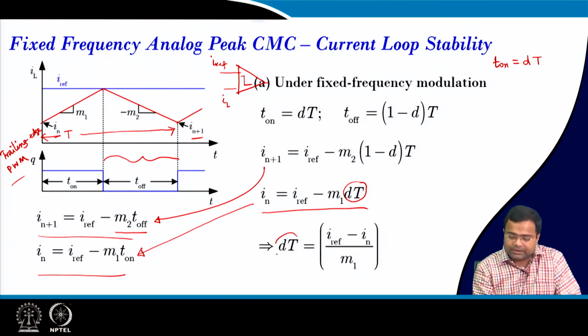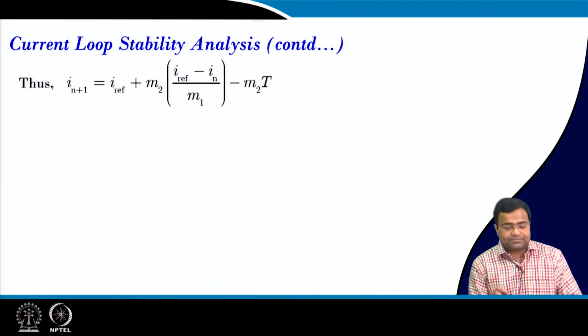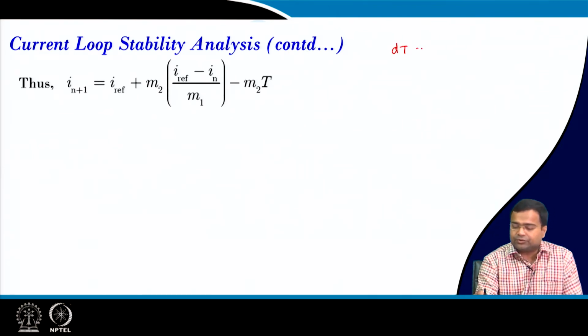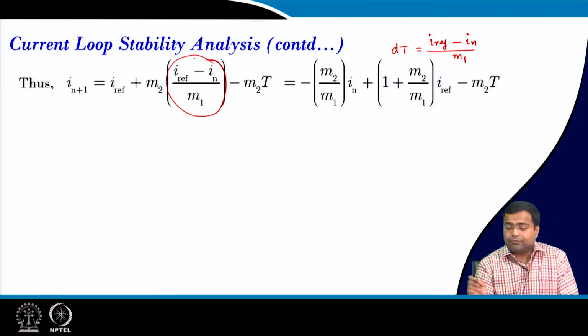The details of these derivations are discussed in our previous NPTEL course in lecture number 23. So if you substitute dT equal to Iref minus In by M1 here, we will get the full expression.